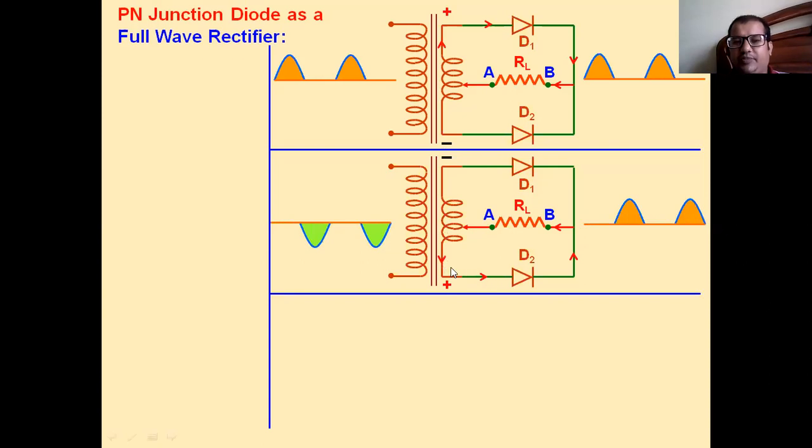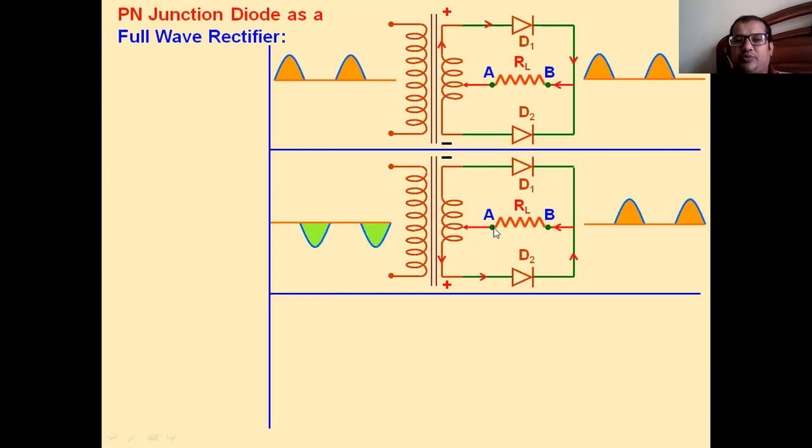So the current passes through diode D2 and through load resistance RL in the same direction as shown in the figure. So during the positive half cycle the current passes through load resistance RL in the direction from B to A, and also during the negative half cycle the current passes through the load resistance RL in the same direction, B to A.